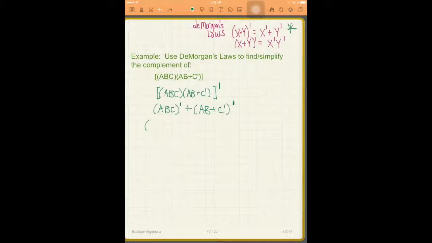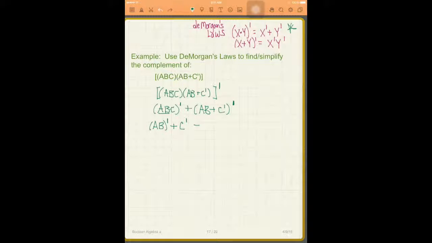I'm going to group A and B like one term and complement it, so it'll be a product times C, which means I add it with the C complement. I don't need parentheses around that first part.